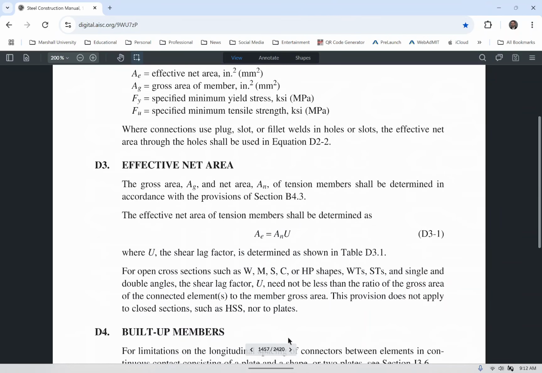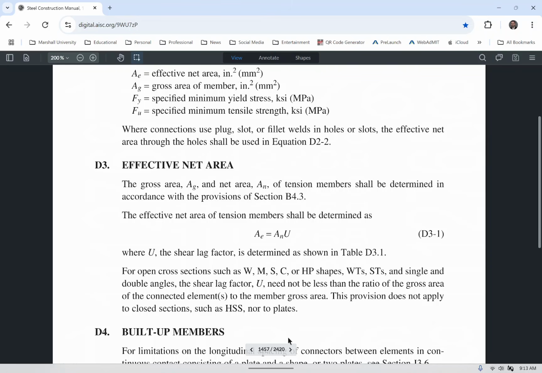Well, we take the net area and we multiply it times U. Okay? And I will admit, I know that this seems a little convoluted. I will just go ahead and tell you that structural specifications do tend to do that. You tend to have to hop around a little bit to do a particular problem because of the way they're organized. So I'm giving you a slight crash course into that, but don't worry, we're going to digest it a little bit later.